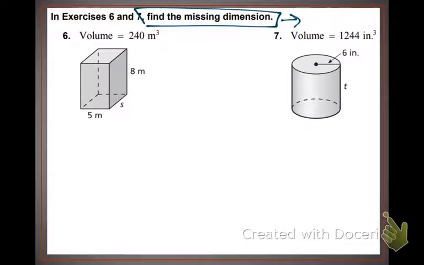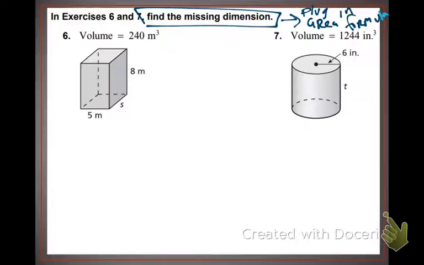Whenever you're finding the missing dimension, you want to plug in the area formula. I would write down when you're supposed to do this, because the class that didn't write that down struggled with knowing when to and when not to.